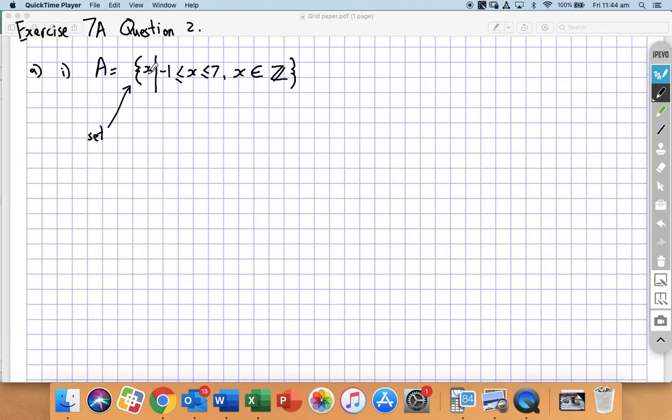The elements of the set we're going to call X. This line here, you could think of that as "such that" X lies between -1 and 7, where X belongs to, so this symbol is "belongs to", the set of integers. So Z means integers, okay?